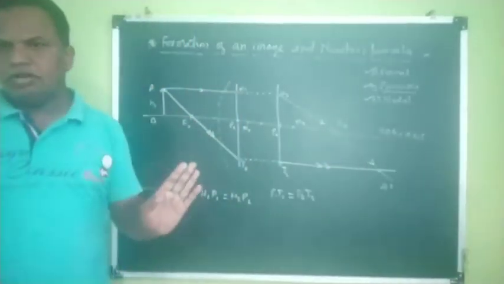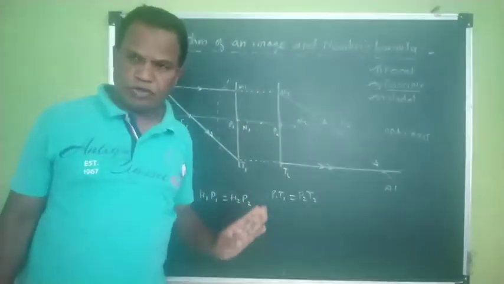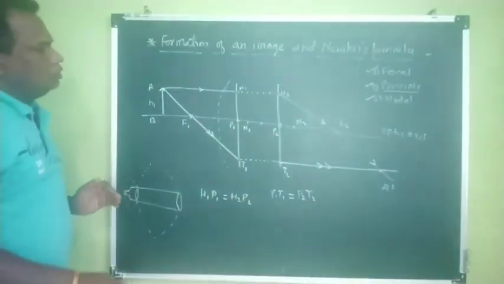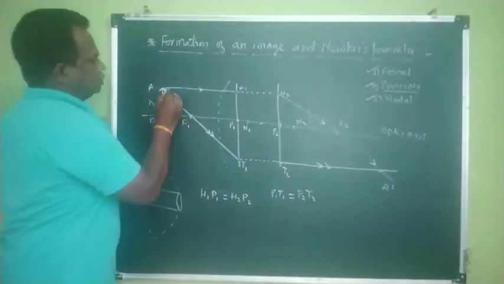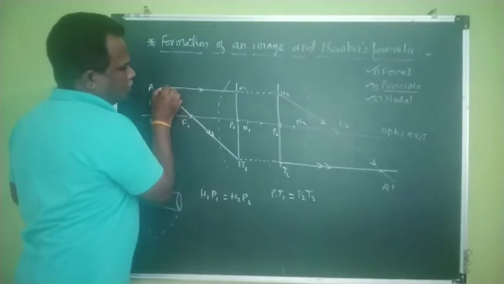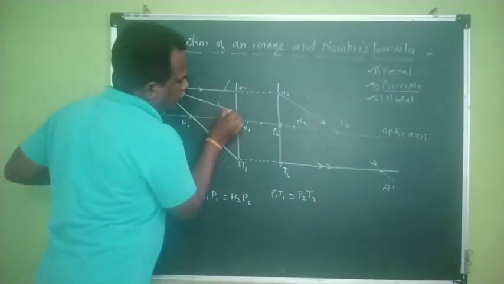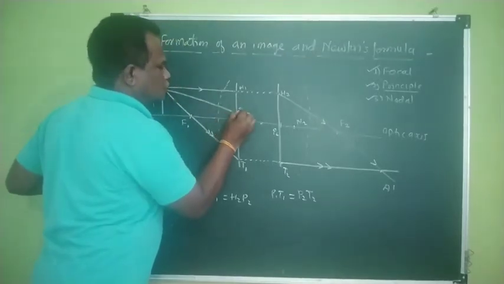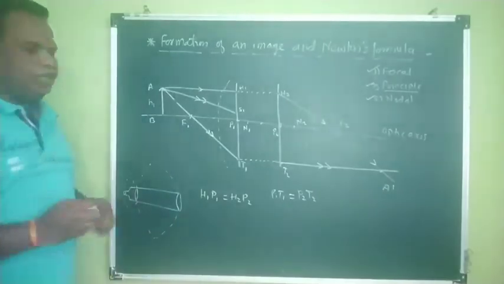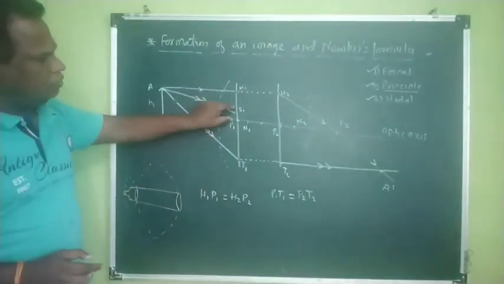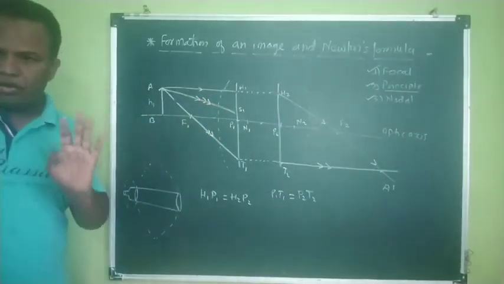So this is all about the properties of focal point as well as principal point. Now we are going to draw one more line, one more ray. So one more ray will be incident on the first principal plane at a certain height, let's say S1P1. So the third ray I will give three arrows.